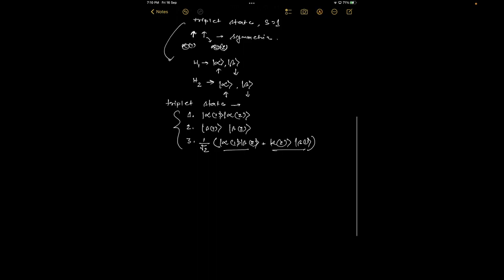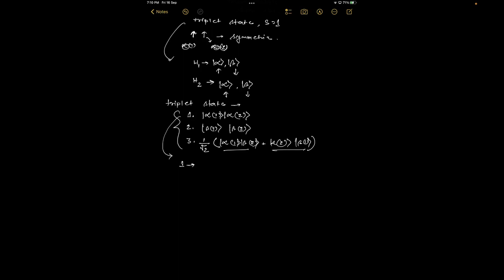Now if we see these states, if we interchange alpha and beta, hydrogen 1 or hydrogen 2. Let's consider the case 1 first wave function. If you interchange the 1 and 2 hydrogen atoms, that means 1 will be 2 and 2 will be 1. Interchanging means you are just interchanging the number of the hydrogen atom, right?